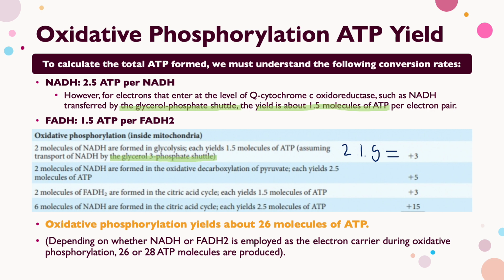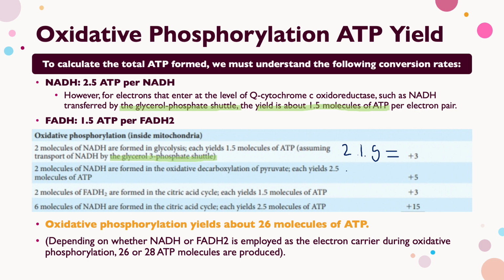And then we have 2 molecules of NADH formed in the oxidative decarboxylation of pyruvate. So I should mention that the first one talked about the NADH formed in glycolysis, and now we're talking about the NADH formed in oxidative decarboxylation. As I mentioned previously when talking about the ATP yield of the previous steps, these NADH molecules come back and are calculated in the total yield.